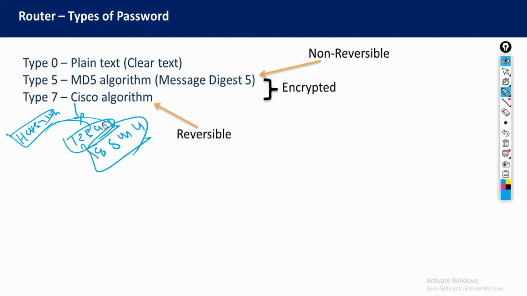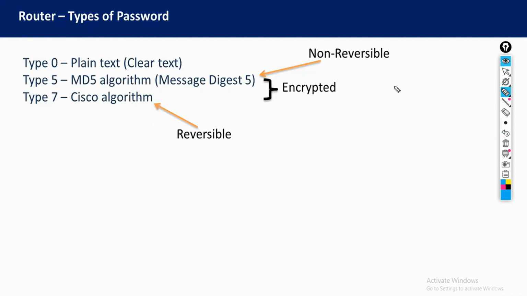So this is breakable because it uses only numerical values. But MD5 uses a mix of numerical, special character, capital and small letters, a combination password, so this is not breakable. So what is that?